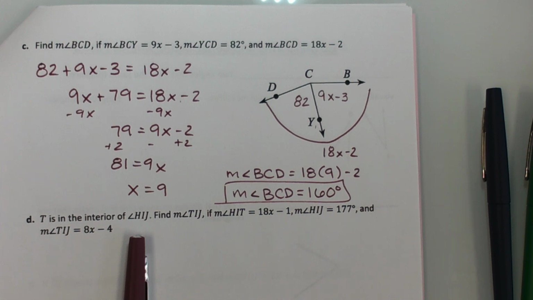Negative 3 plus 82 is positive 79. And now we solve. 81 equals 9x.